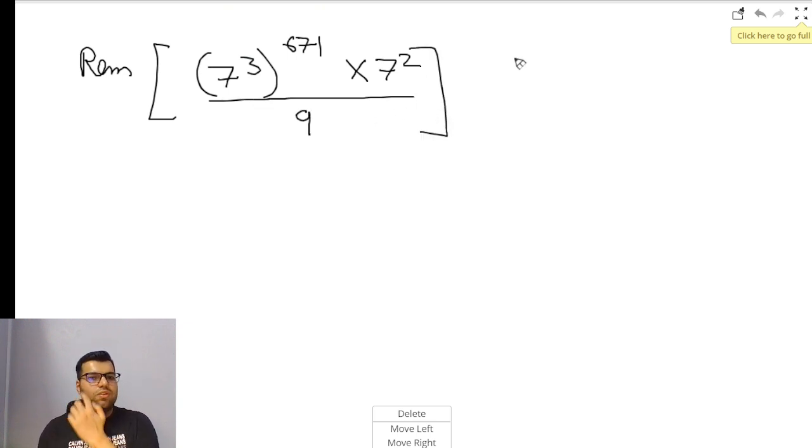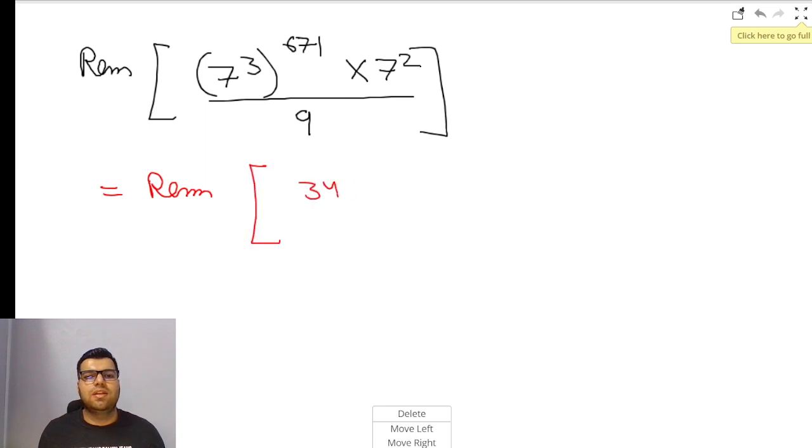Now we know this thing is equal to remainder of 343 raised to power 671 into 7 square, which is 49, divided by 9.